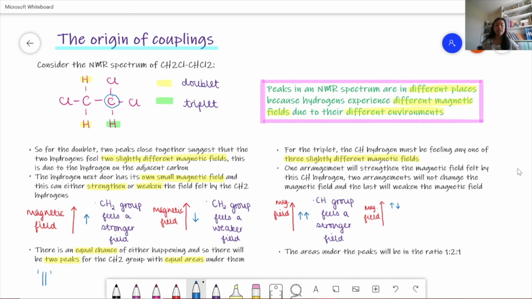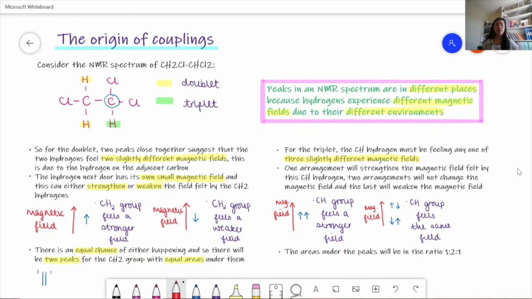However, we can also get it the other way around, so the other one is aligned against, and the first one is aligned with the magnetic field. And so with both of these arrangements, the CH group feels the same field because they cancel out.